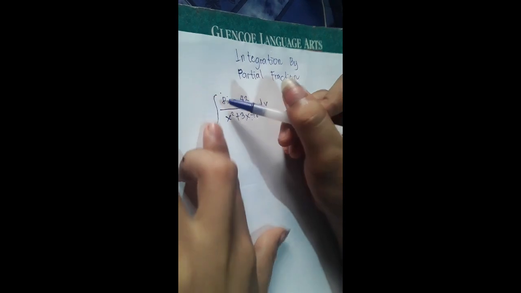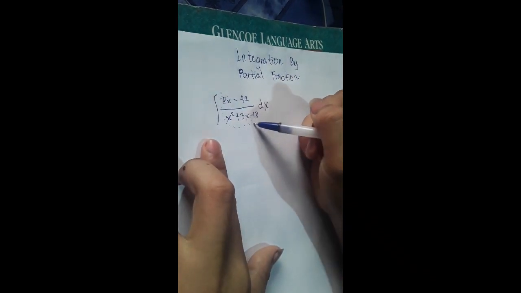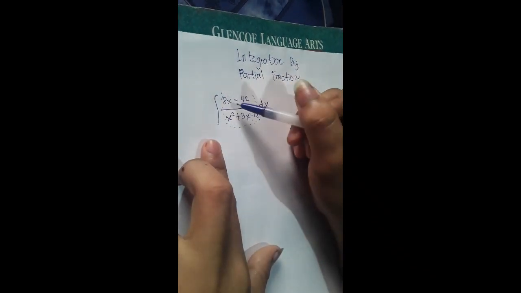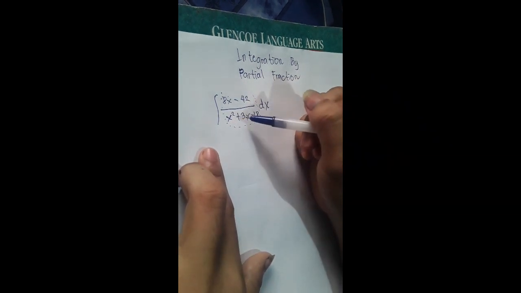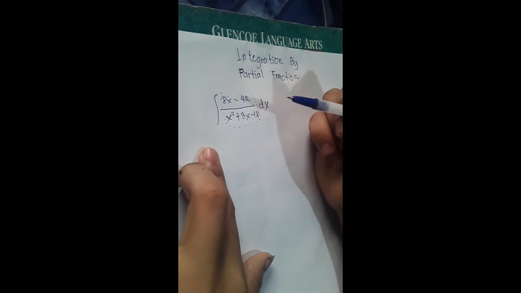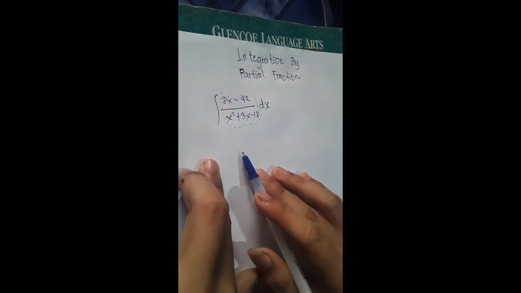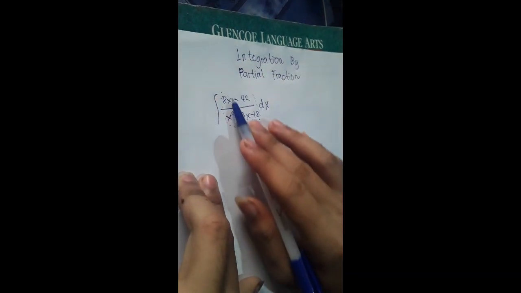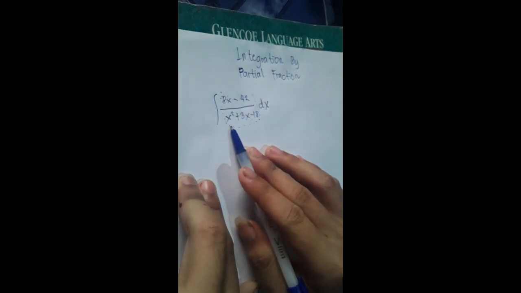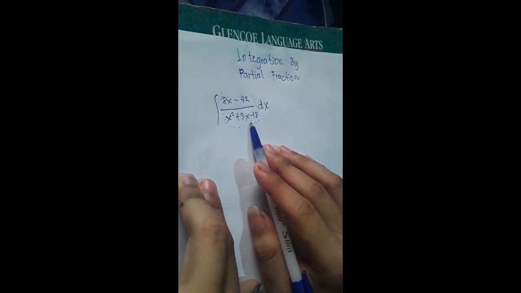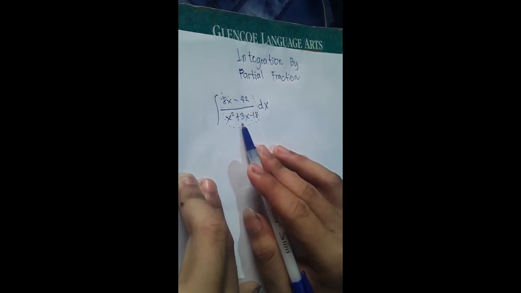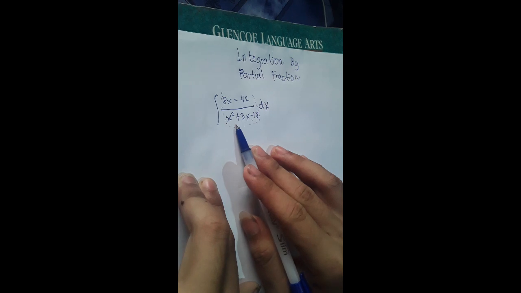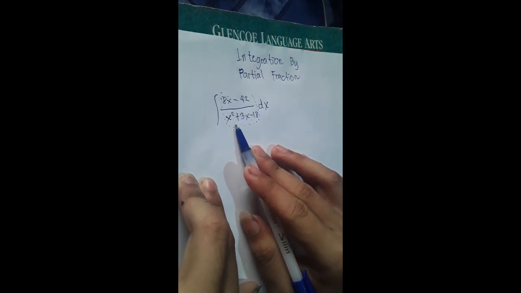We focus only on the integrand, 8x minus 42 over x squared plus 3x minus 18. As you can see, in the denominator we have a quadratic function, and as I said earlier, we are going to factor it into linear functions.